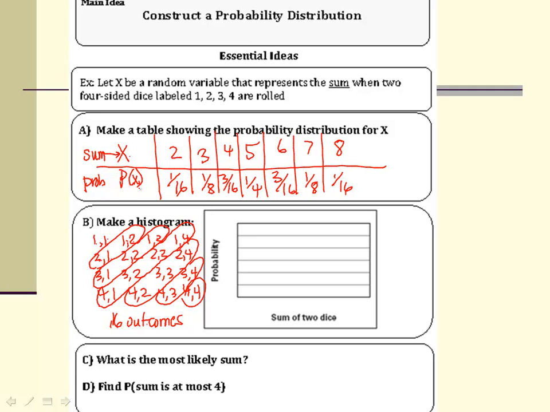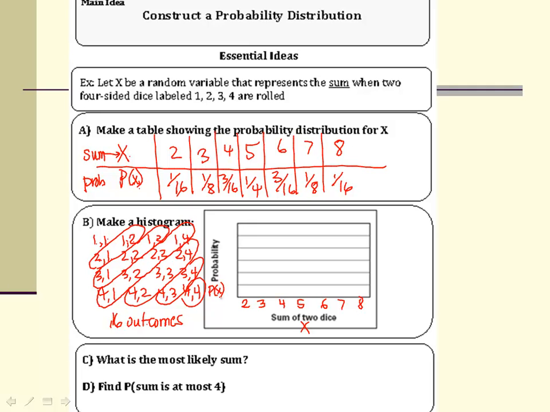Now what I'm going to do is make what we call a histogram, or what you know more as a bar graph. And so I look at this bar graph. Now I'm going to put the sums on this side. Well, I had a lowest sum of 2, then I could have a 3, 4, 5, 6, 7, and an 8 were my possibilities. And so the sum of the two dice was what we called the x. Probability we called p of x.